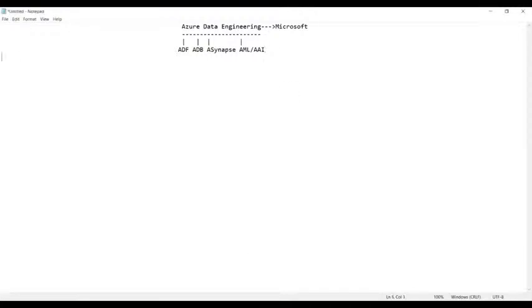Now let us see what exactly these services do. Let us start with ADF. ADF stands for Azure Data Factory.